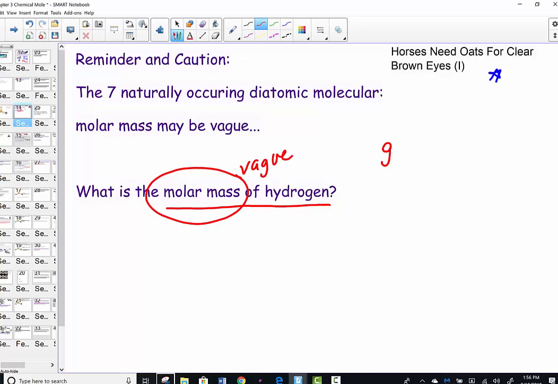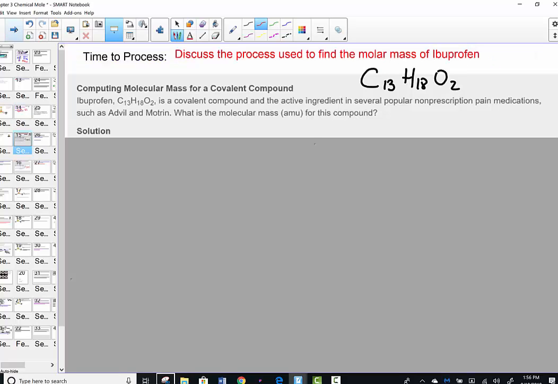I would need to know specifically, do you mean an atom or do you need a molecule? So with those 7 elements, we want to be very precise in the language. Otherwise, the general term molar mass works fine. What's the molar mass of? And then you just add the weights off the periodic table.